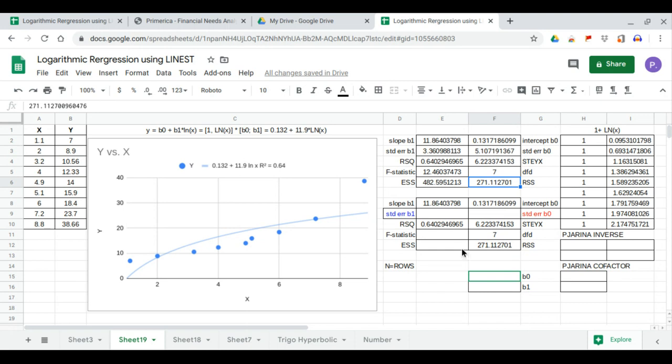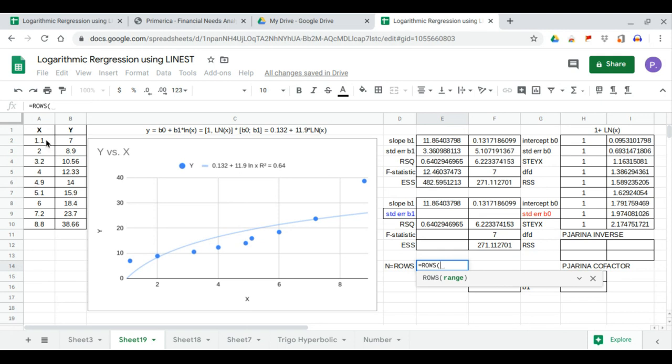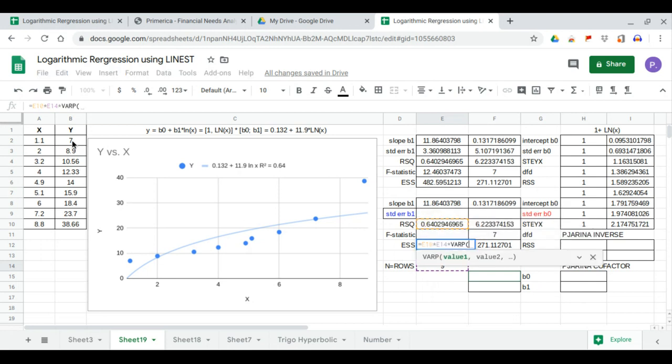And our ESS, which is equal to, first we calculate the population, which is rows of the dataset range. We have 9. And our ESS equals RSQ times N times variance of the population of y, the dependent variable. 482.595 matches our LINEST output.